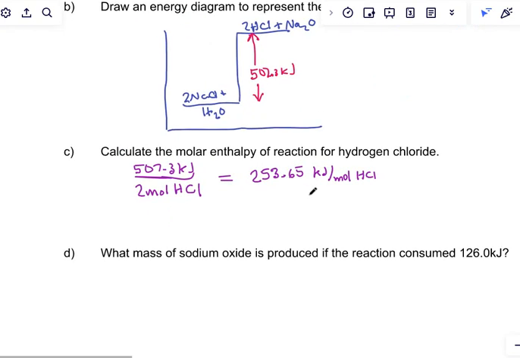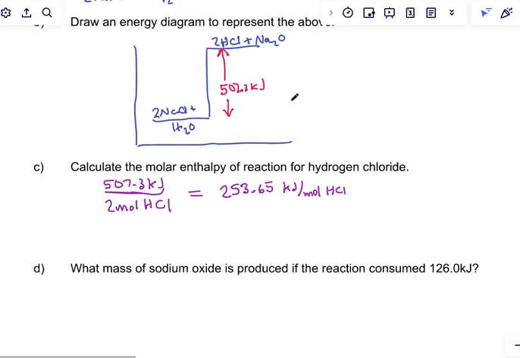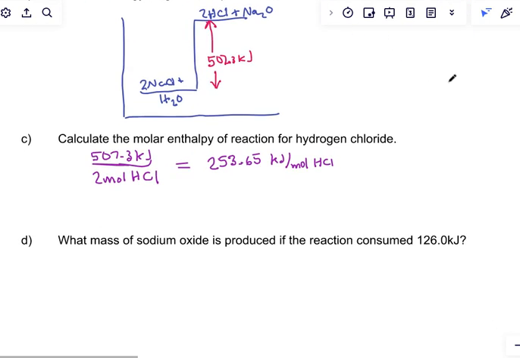What mass of sodium oxide is produced if the reaction consumed 126 kilojoules? Okay. Sodium oxide. According to this reaction, for every 507.3 kilojoules you spend, you will get 1 mole of sodium oxide. So from the reaction, 507.3 kilojoules will get you 1 mole of Na2O.